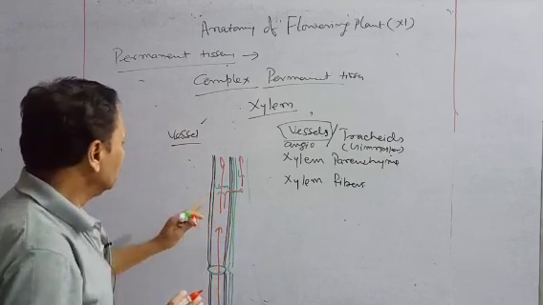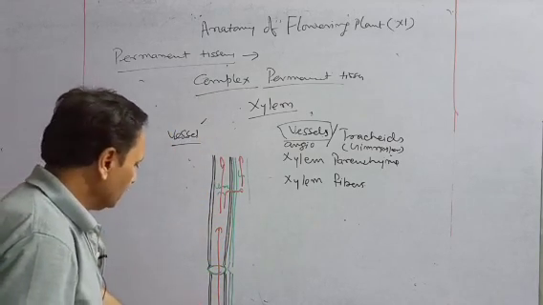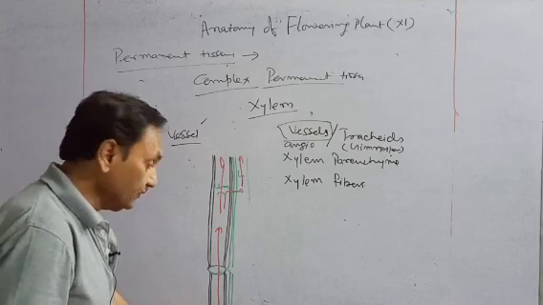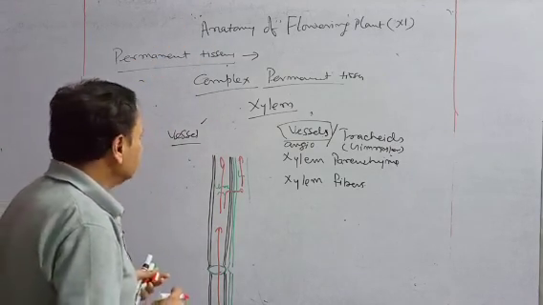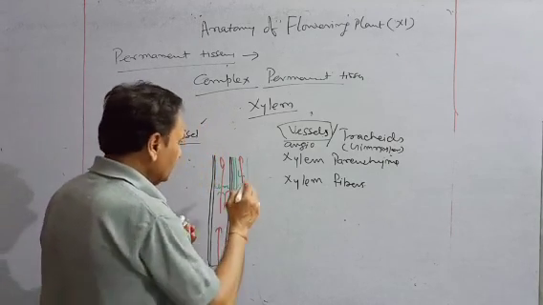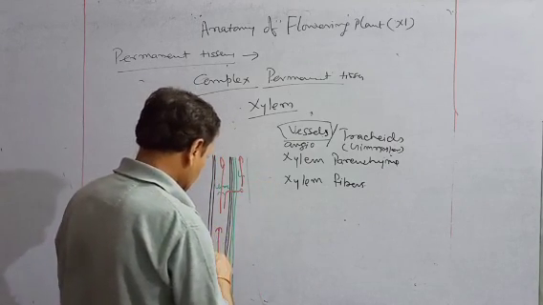This type of route is formed for the water and minerals which are absorbed by the root and go to the different parts of the plant. But in case of tracheids, it has been observed that the tracheids are like this.